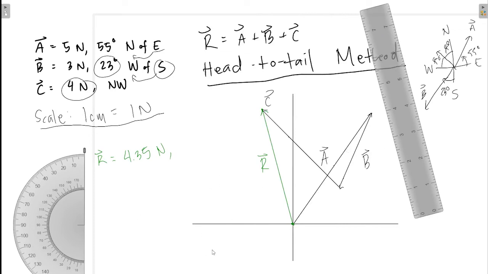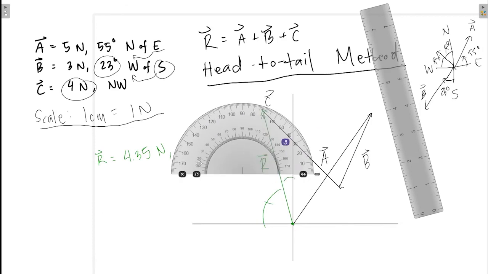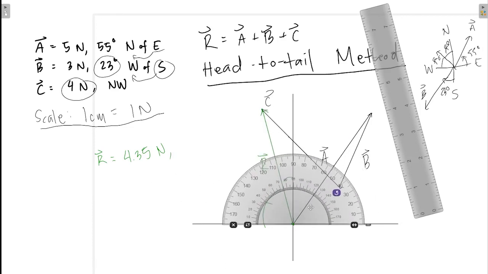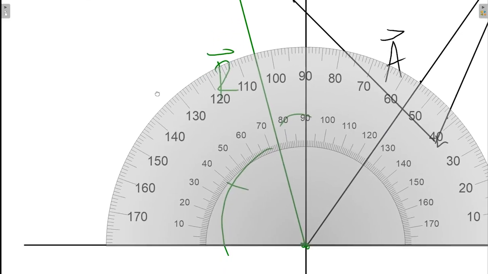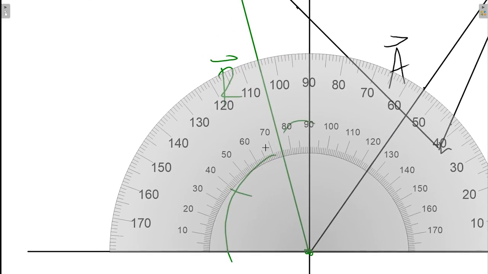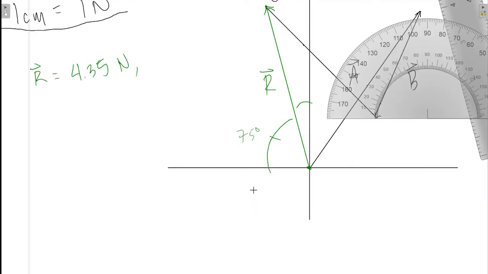Now, for the direction, we need to measure an angle. So, we have two choices here. Pwedeng itong angle na ito or pwedeng itong angle na ito. So, for this case, let's measure this angle using our protractor. So, from our protractor, the angle is around 75 degrees. That is 75 degrees.